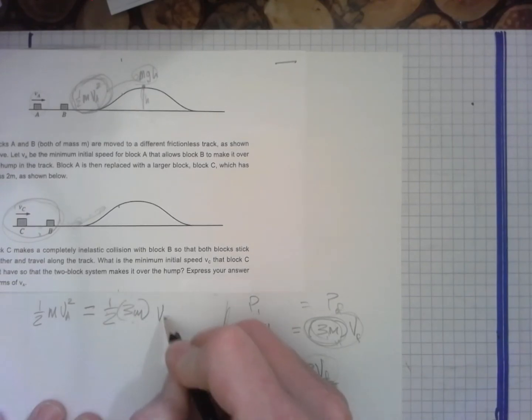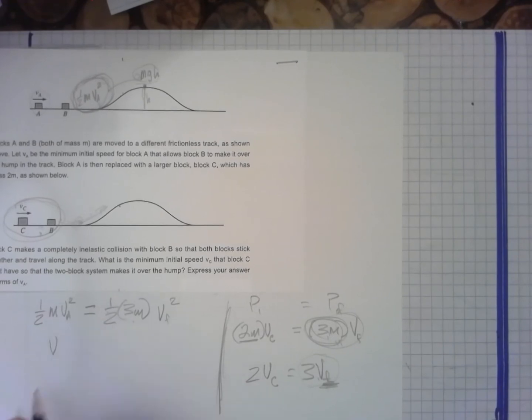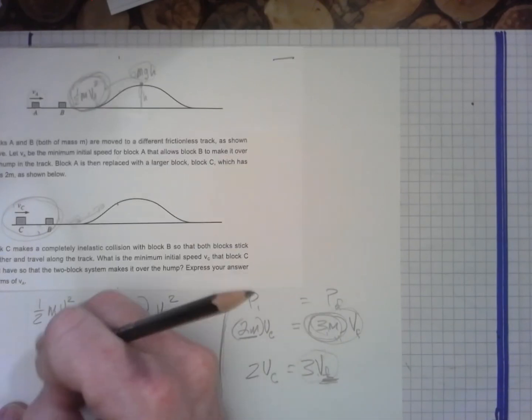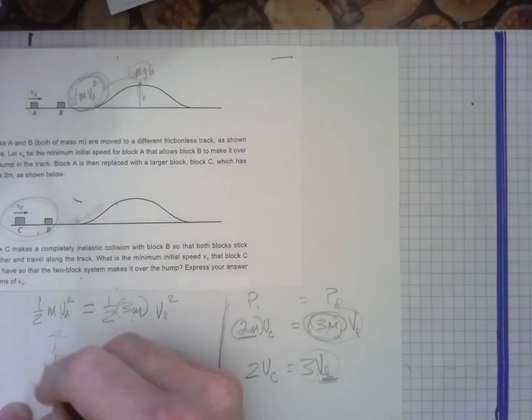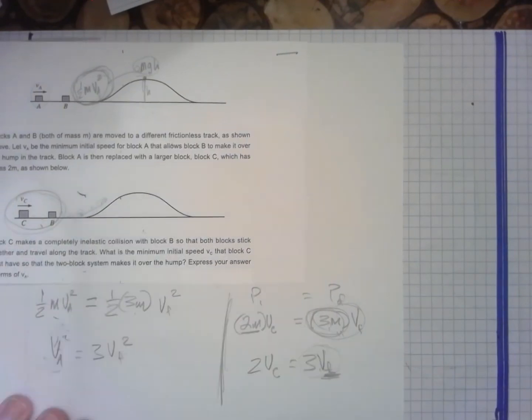Times V final squared. The m's go away. I got VA squared over 2 equals, oh, you know what? The halves go away too. So VA squared equals 3V final squared. But we need to know what VC is in relation to this.